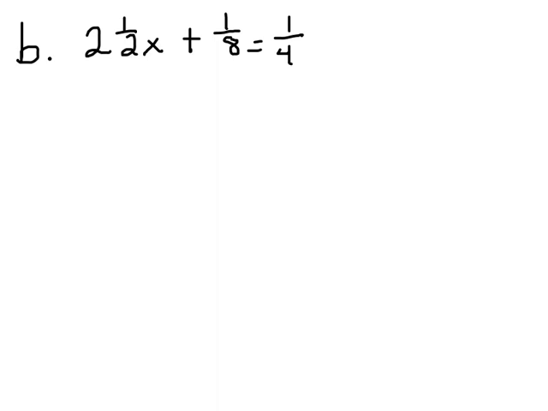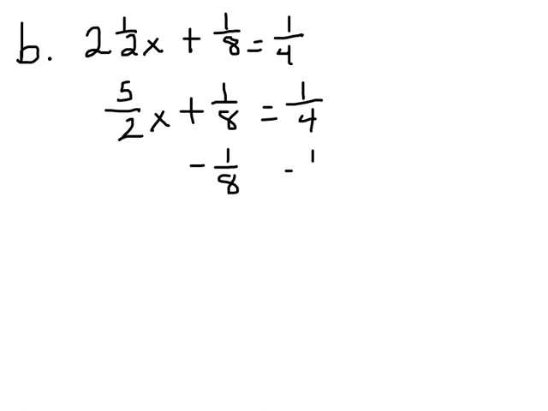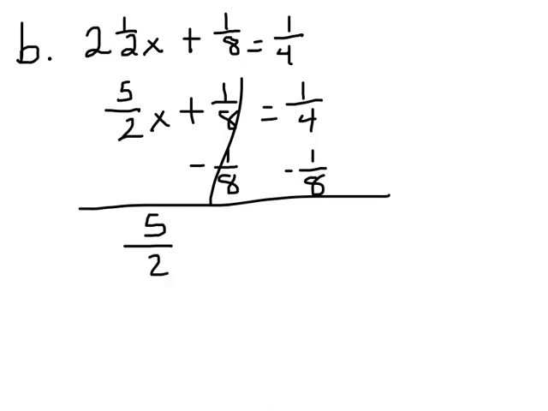Alright, in B, let's go ahead and turn this mixed number into an improper fraction. It's going to be 5 over 2 x plus 1/8 equals 1/4. 1/8 is the closest to the equal sign. It's been added, so I'm going to subtract, which means I've got to get a common denominator over here. 5 over 2 x equals, alright, this one's going to stay 8, this is 1/8, this is going to be 2/8, and 2/8 minus 1/8 is 1/8.